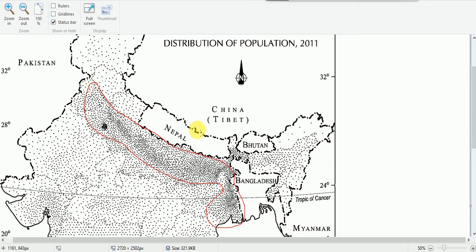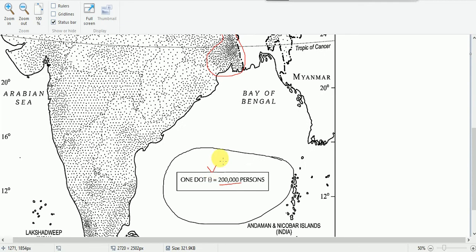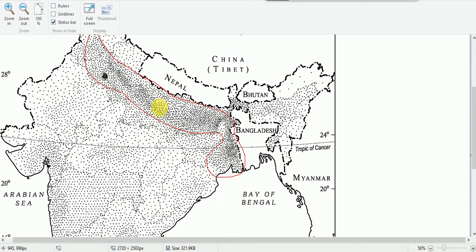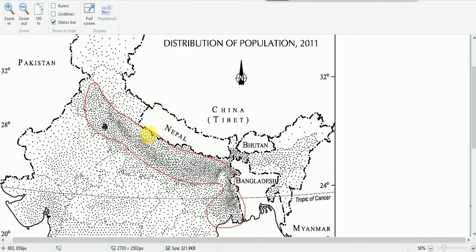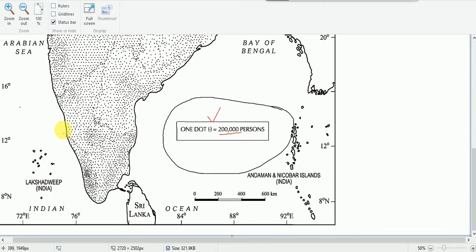Do you know the reason for that? We have already known that one dot is equal to 2 lakh persons, and we find a large concentration of people here in this area, and here in the coastal areas also.